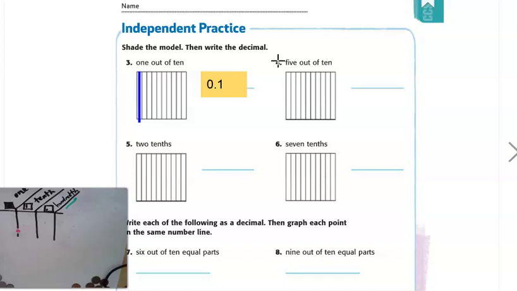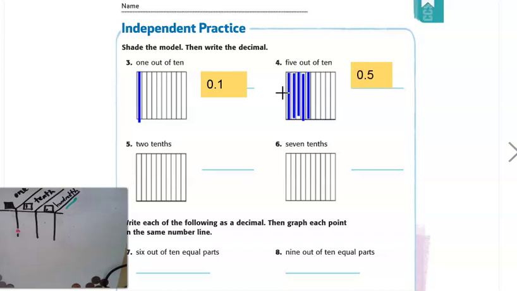Yay! 5 out of 10. I'm going to shade 1, 2, 3, 4, 5. And in order to write that, I will write 0 ones and 5 tenths.